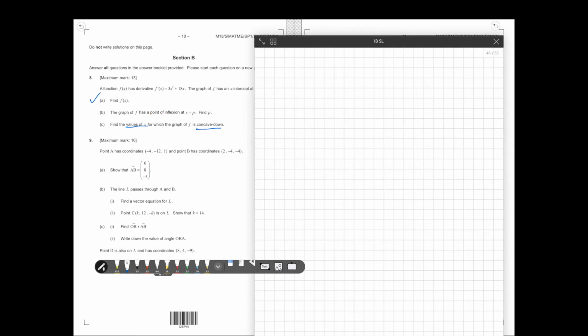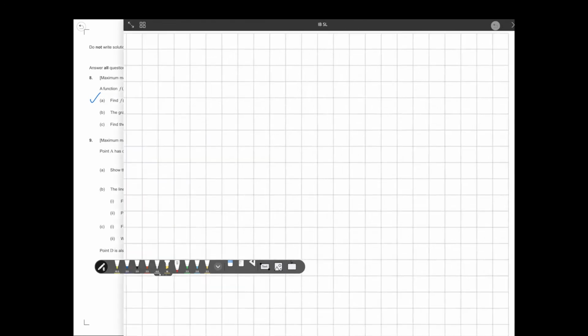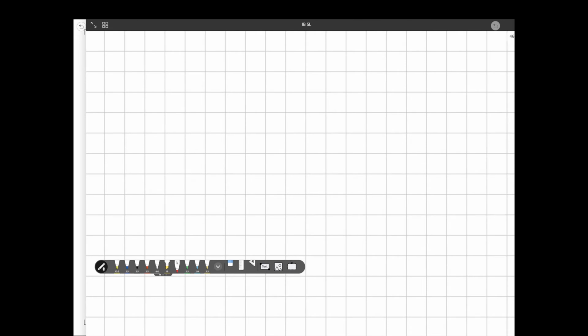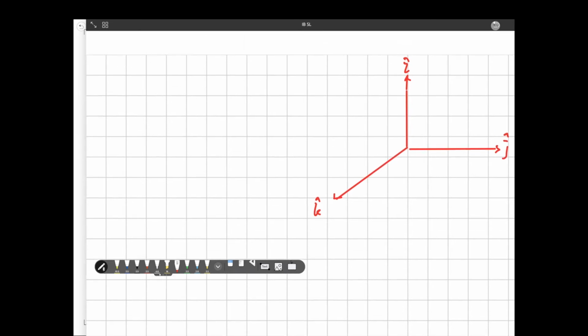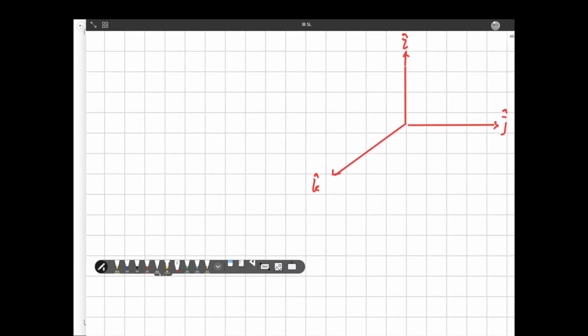And then now we move on to part C. For part C, we have to find OB dot AB. So how can we find OB dot AB? We have to deal with the concept of the dot product. So we have the unit vectors i, j, k. What do we mean by dot product?